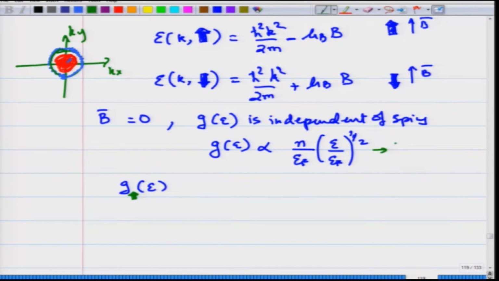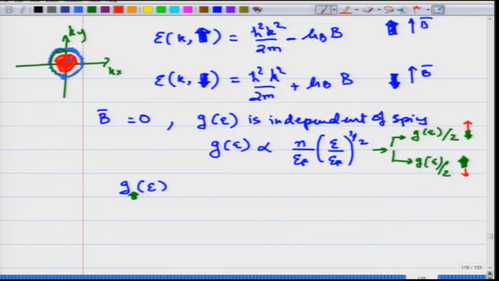So, this is exactly identical: g(E)/2 for magnetic moment down and g(E)/2 for magnetic moment up, which in other words is for spin up or spin down.